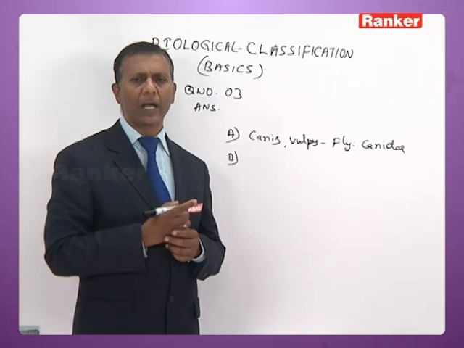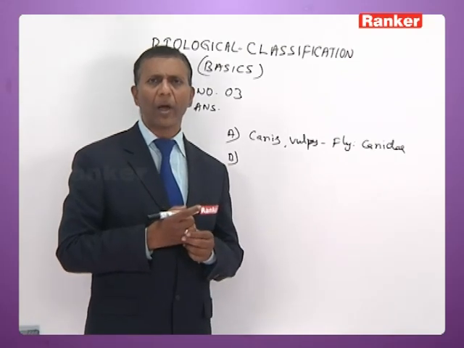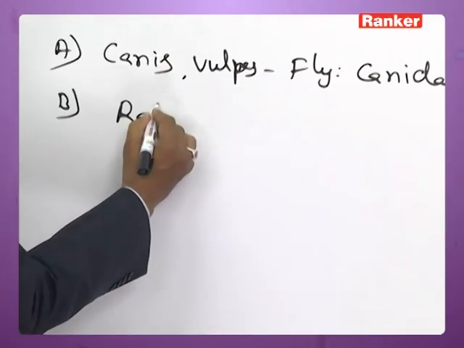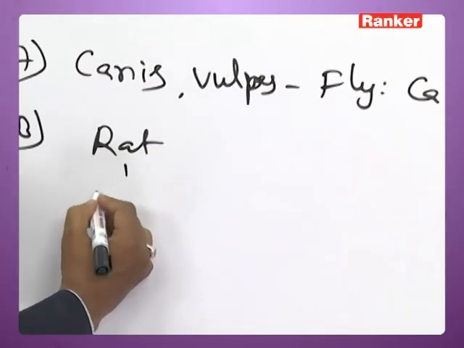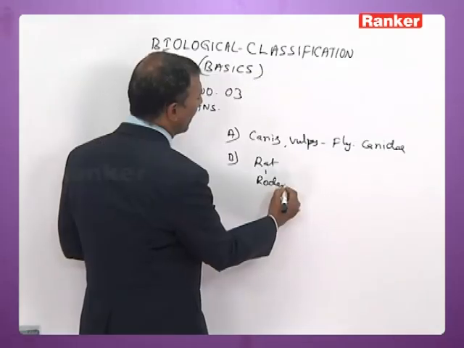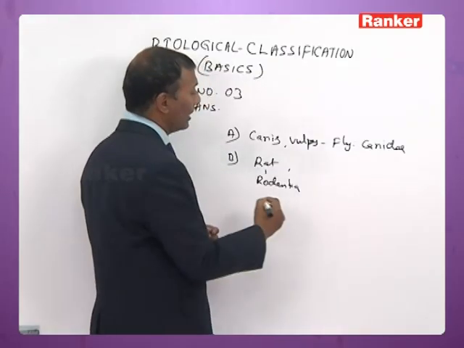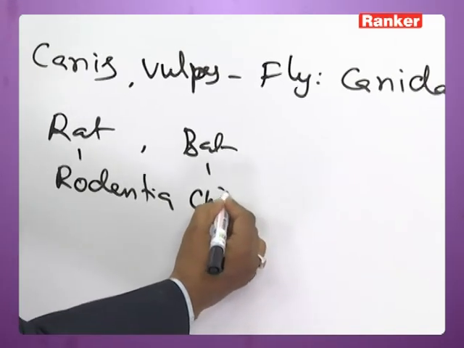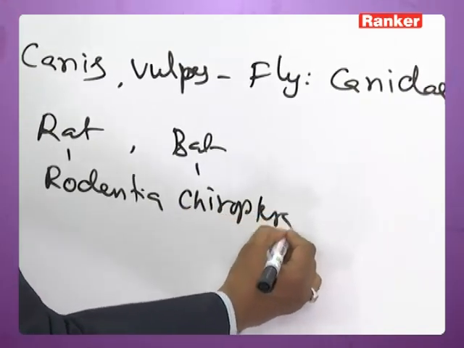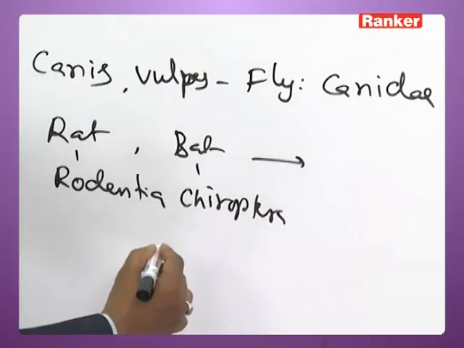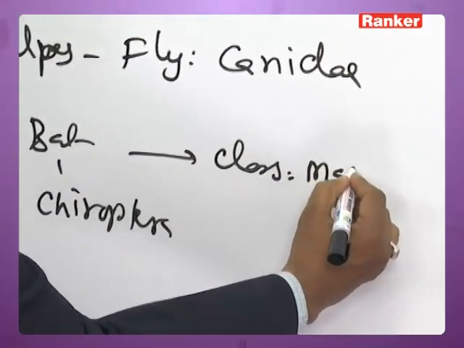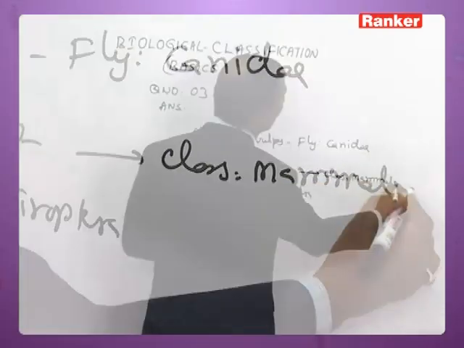Rat belongs to order Rodentia, bat belongs to order Chiroptera. But these two orders are placed under a single class, the class Mammalia.